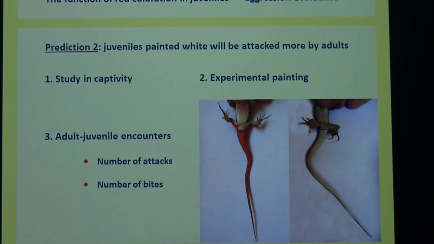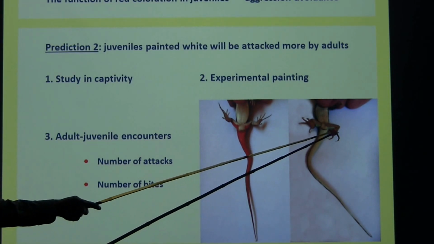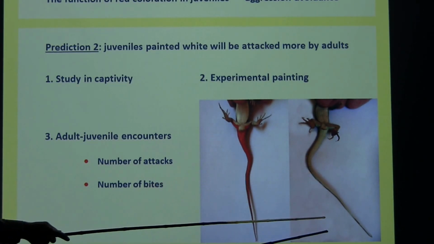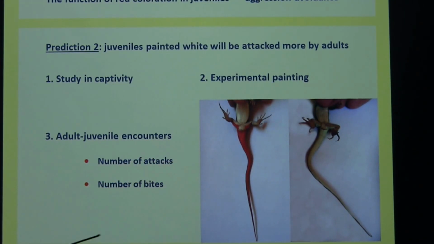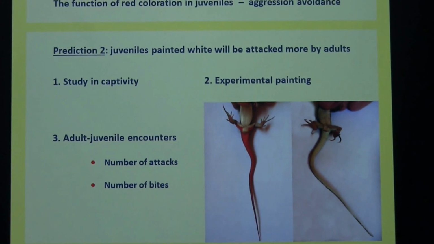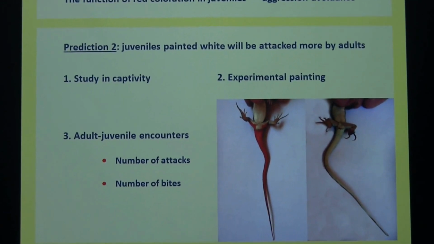To test this prediction, again, we did a study in captivity, and naturally red parts of juveniles were experimentally painted using either white paint, imitating the color of adult males, or using red paint, imitating juvenile coloration. Then again, we videotaped encounters between one adult and one juvenile and counted the number of attacks and bites.